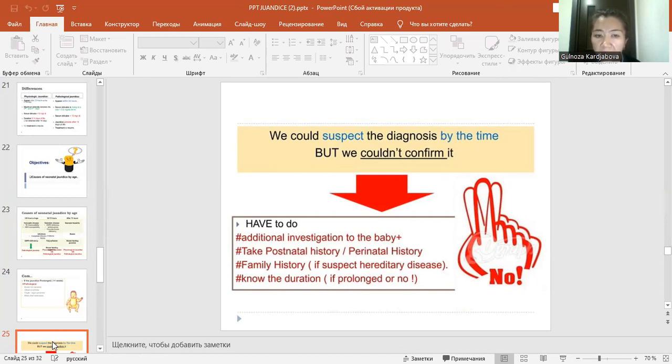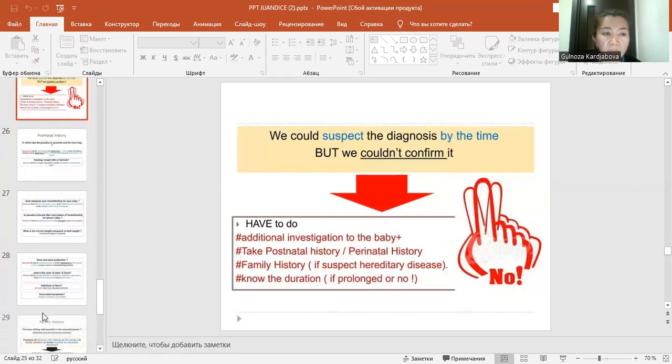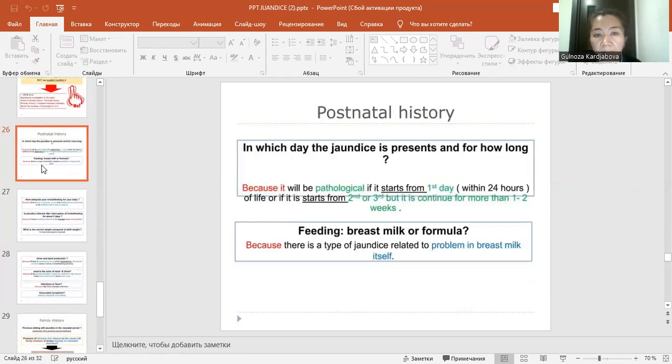We have to do additional investigation of the baby: take postnatal and prenatal history and family history, and we should also know the duration in case of prolonged hyperbilirubinemia.